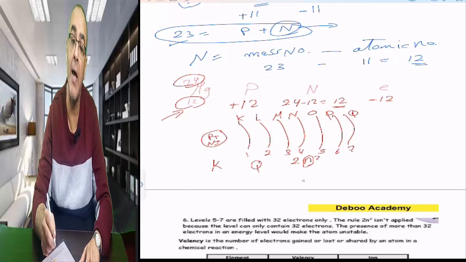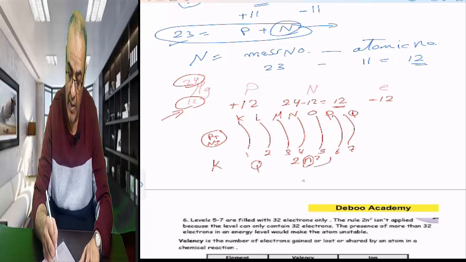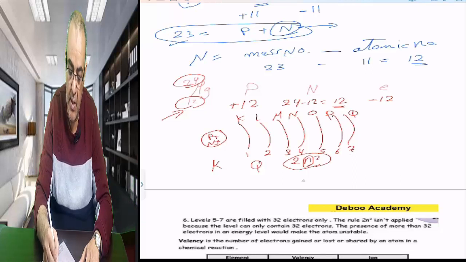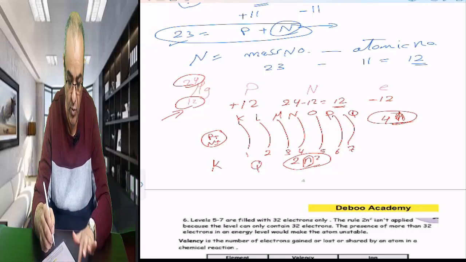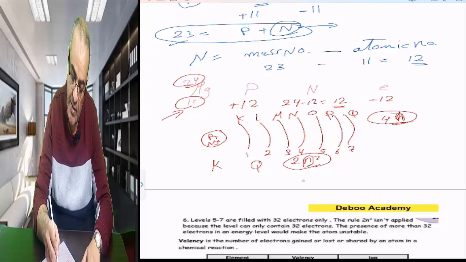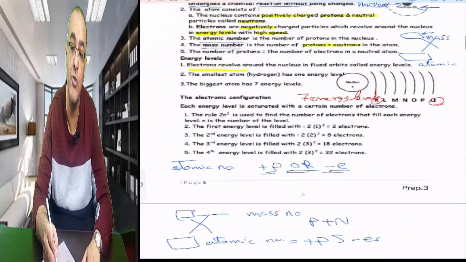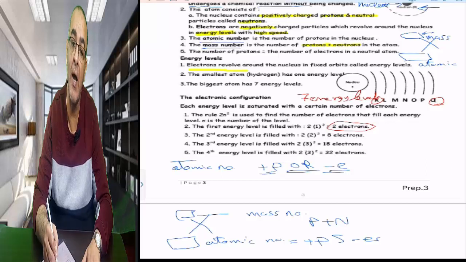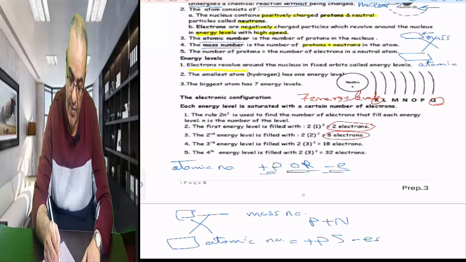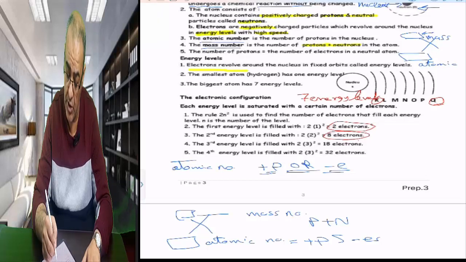This relation is applied to the atom until the fourth energy level, because the atom becomes unstable after the fourth energy level. So here, the first energy level K is saturated by 2 electrons. The second one is filled with 8 and the third one with 18.